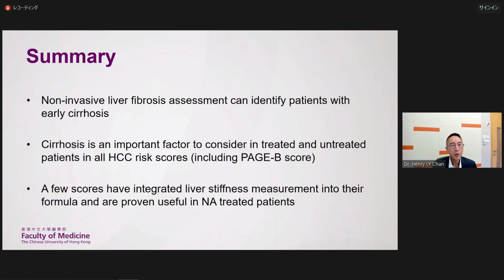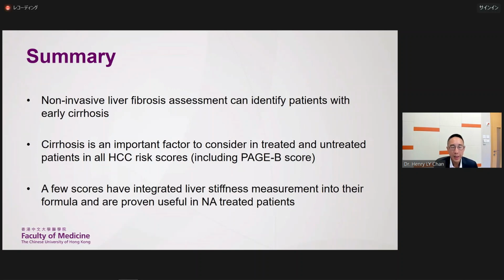So to summarize my talk, I think we know that non-invasive liver fibrosis assessment can identify patients with early cirrhosis. We cannot just rely on clinical assessment to define cirrhosis and assess HCC risk because it's too gross and a lot of the time we will be uncertain. Cirrhosis is an important risk factor to consider in treated and untreated patients in all HCC risk scores, including the PAGE-B score.